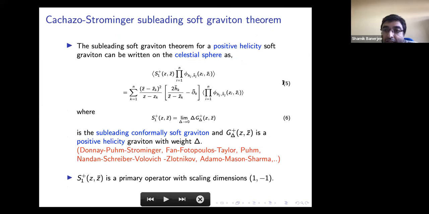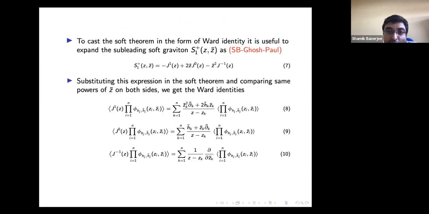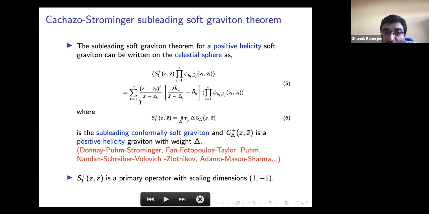Okay, so we start with equation 5. This is essentially the rewriting of the subleading soft graviton theorem on the spatial sphere. This is already in a factorized form.